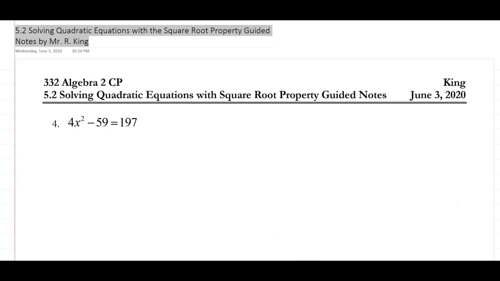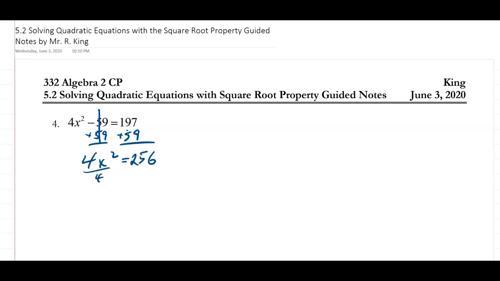This one looks like it's a little more complicated. Now I have numbers on both sides here, but the goal is the same. We want to get 4x squared by itself. So we're going to add 59 to both sides. And this will give us 4x squared equals... 9 and 7 is 16, carry a 1. And we've got 9 and 6 is a 5, and we've got to carry another 1, we got 256, which is a very nice number.